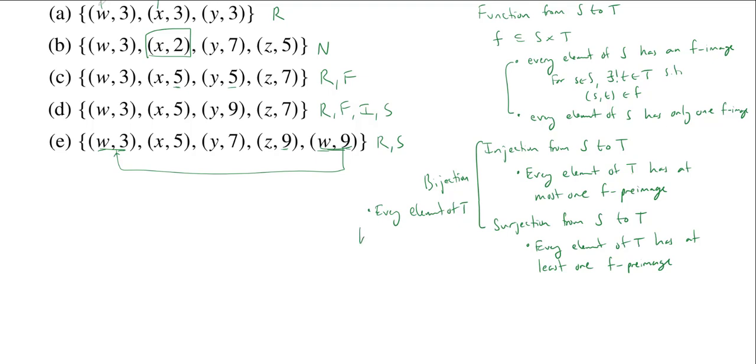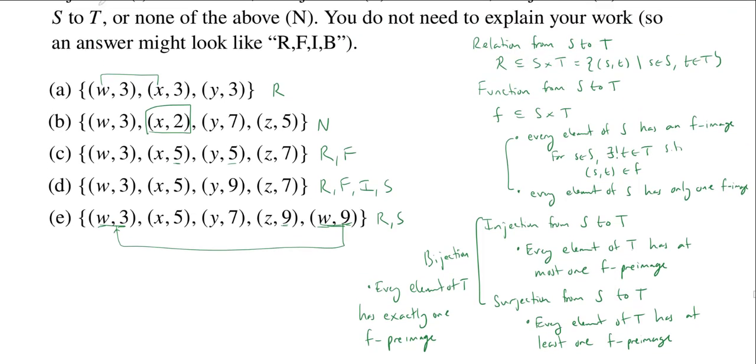So every element of T has exactly one F pre-image, where F here would be the function, right? I keep saying F like we've written it down. Okay, so which of these is injective and surjective? Well, only D. D is both I and S. So we just could have put a B there. Okay, so there we go.